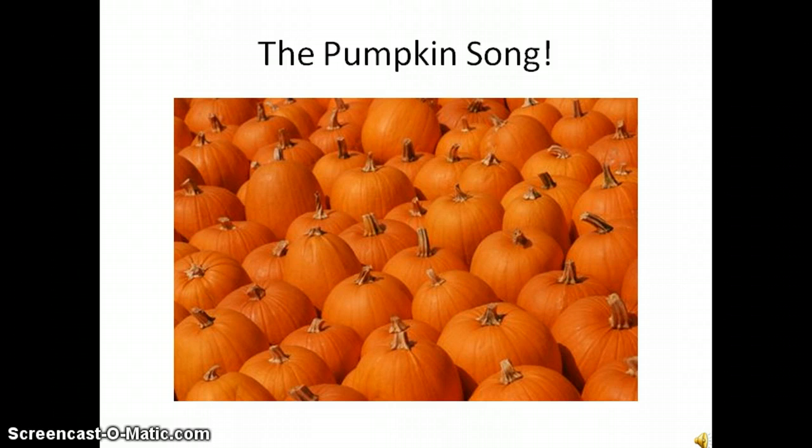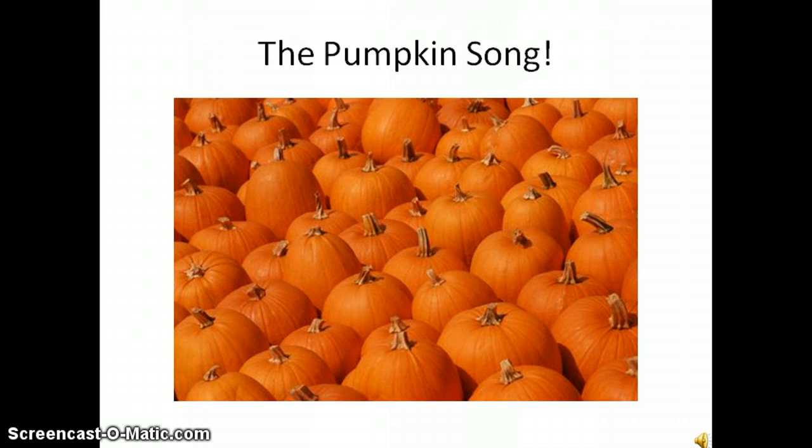Take a seed from your pocket and put it in the ground. Press it down nice and deep and push the dirt down. The harvest moon comes in October, and when you look over your shoulder, that's how a pumpkin grows.